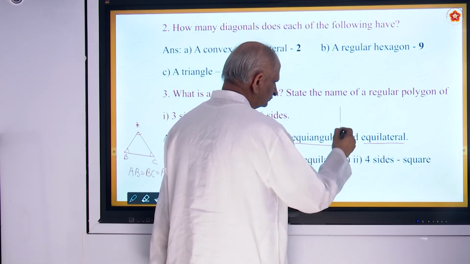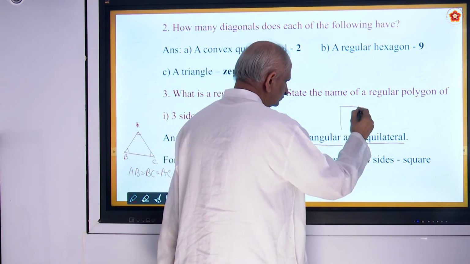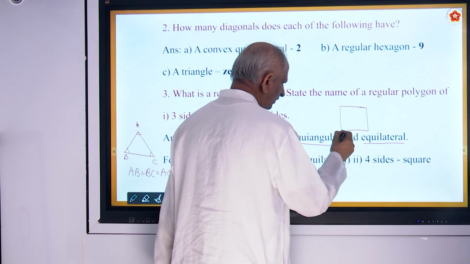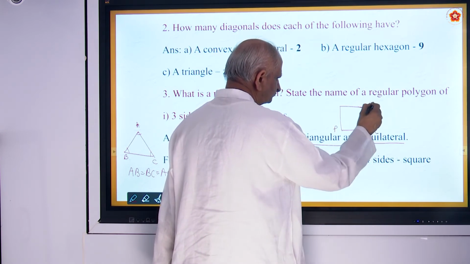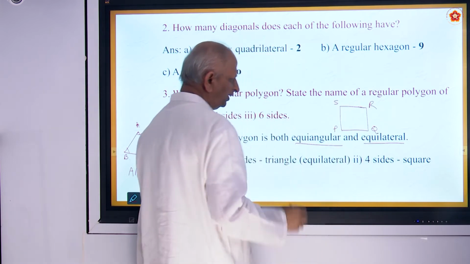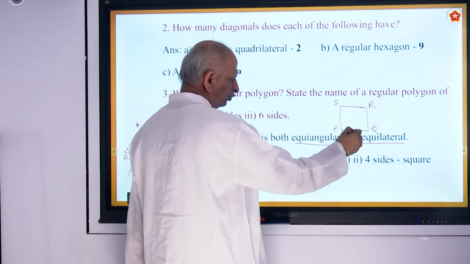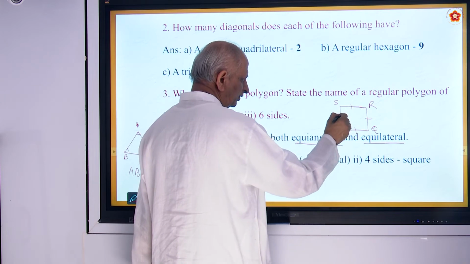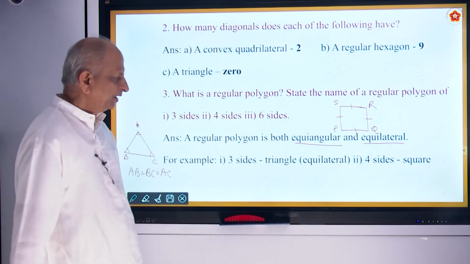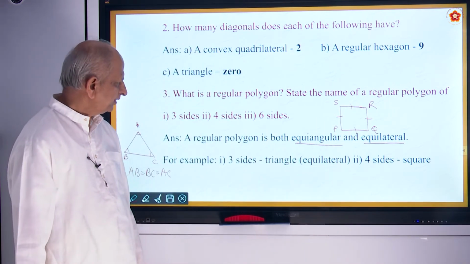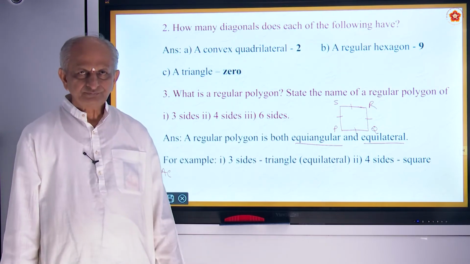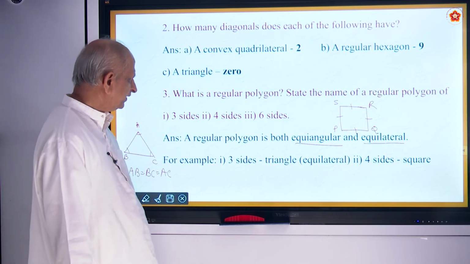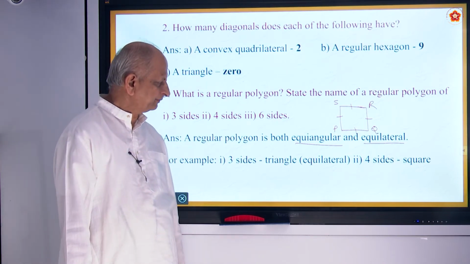Correct? All the four sides are equal. Suppose you name it as PQRS. Here PQ is equal to QR is equal to RS is equal to PS. All the sides are equal and all the angles are equal. Okay, therefore we call it a regular polygon.